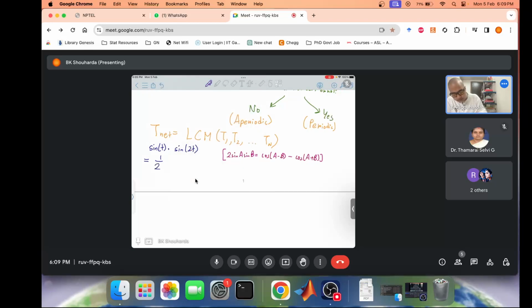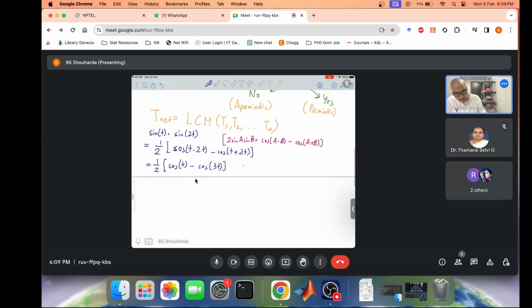Taking the 2 outside, it will be half of cos(t minus 2t) minus cos(t plus 2t). Further simplifying, half cos 2t minus half cos 3t.